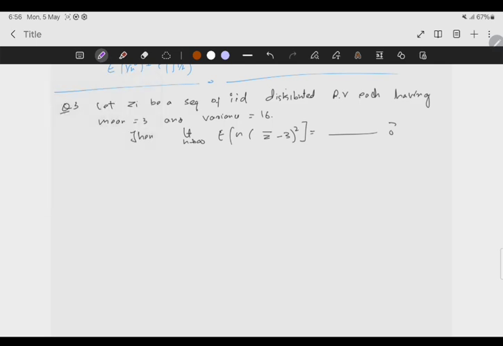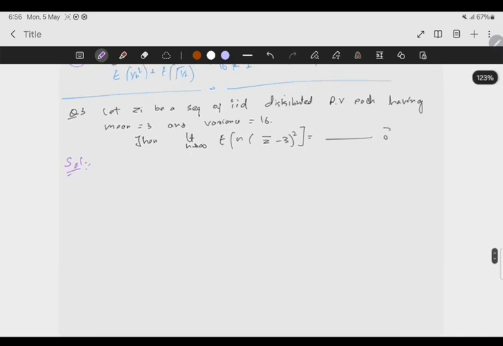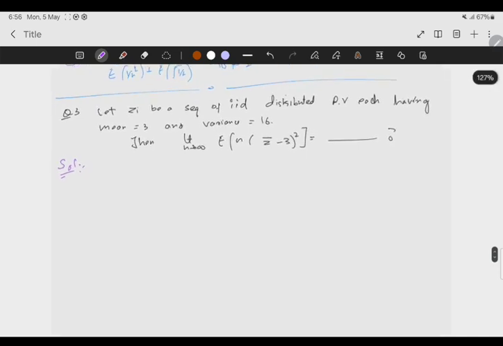So how can we solve this type of question? It is simple. See what we will do in this question. As you know, Z bar, what's expectation of Z bar?